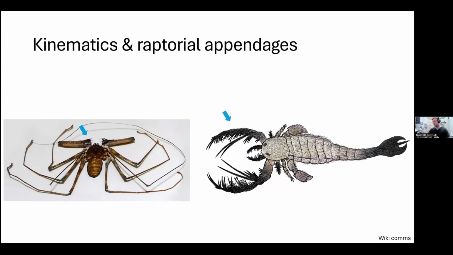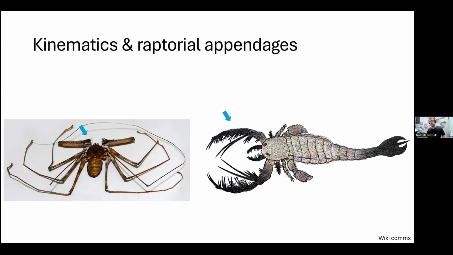But we also see in the fossil record these similar kinds of appendages. This is Anomalocaris. It's an Ordovician, so about 480 million year old sea scorpion, that has similarly these very large anteriorly directed appendages forming what we would call a capture basket.